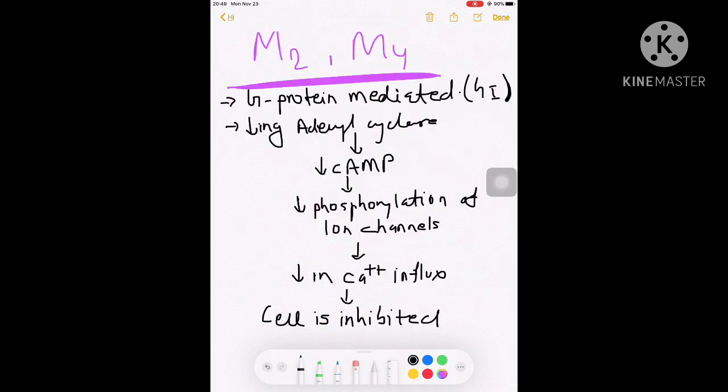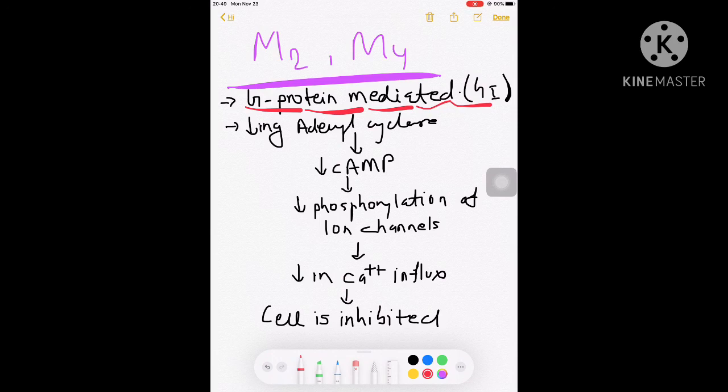We continue with how acetylcholine works through muscarinic receptors, now M2 and M4. Again these receptors work through a second messenger system, a Gi protein mediated system. They decrease adenylyl cyclase.